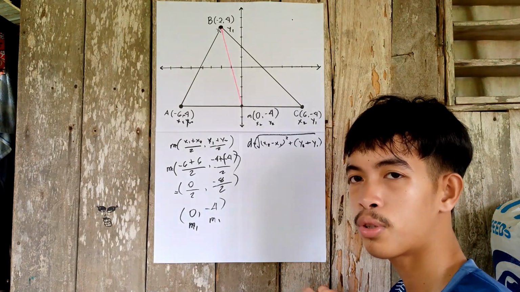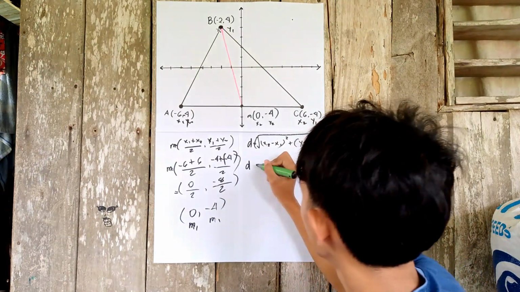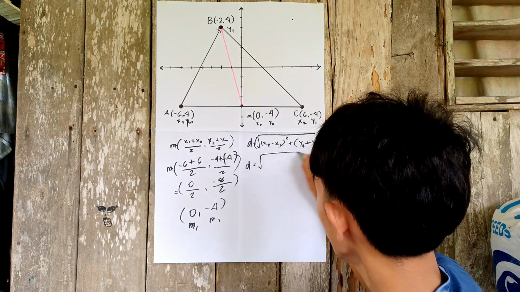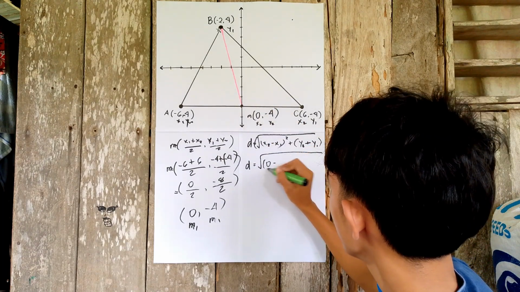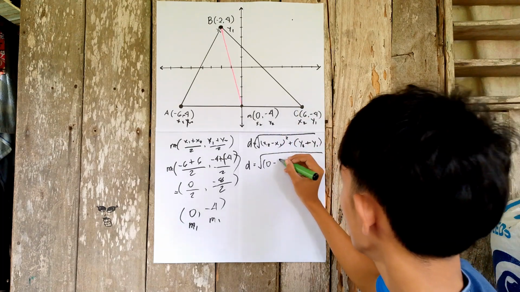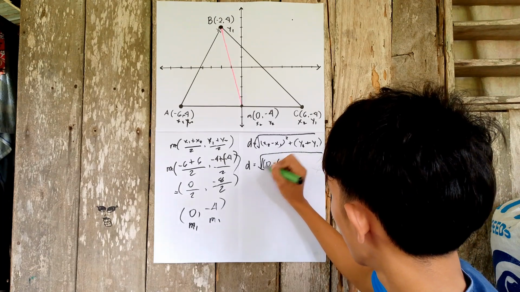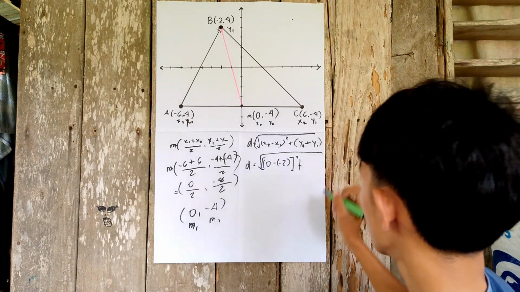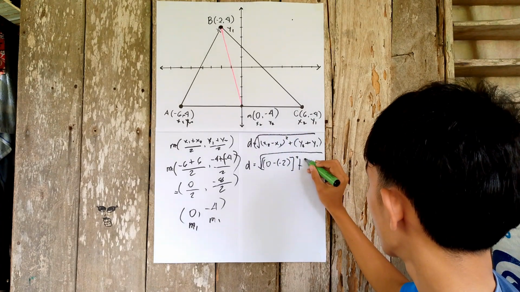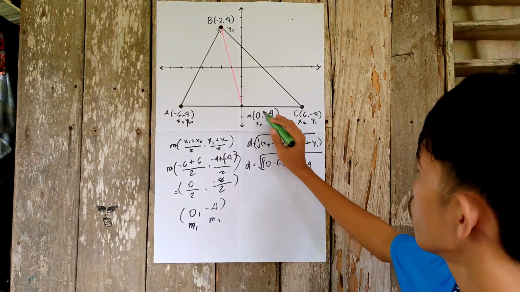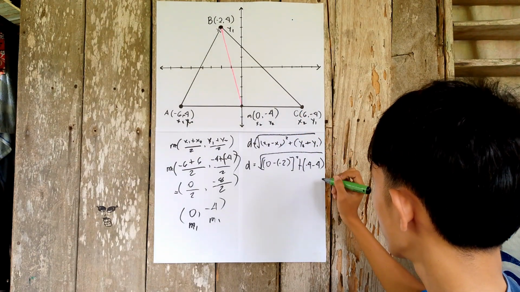So now, let us substitute from this value to this formula. So d is equal to the square root of x2, which is 0, minus x1, negative 2, and y2 minus y1 here.